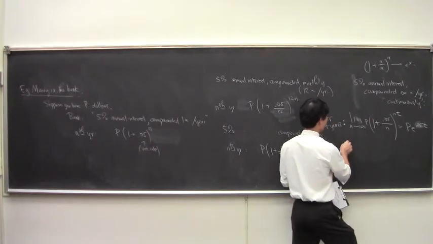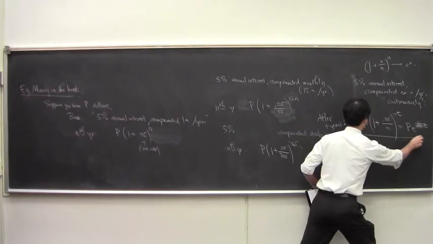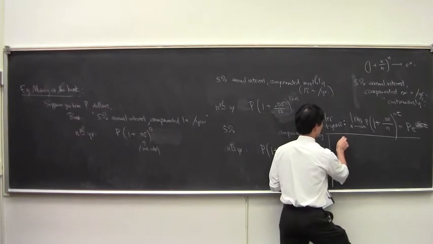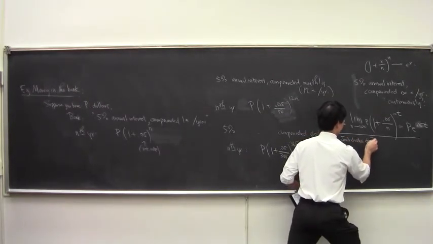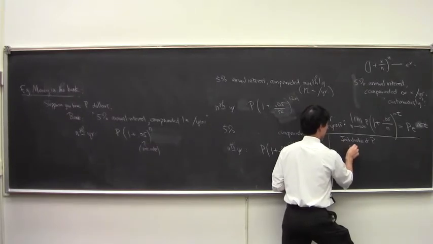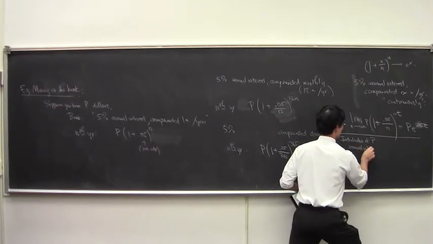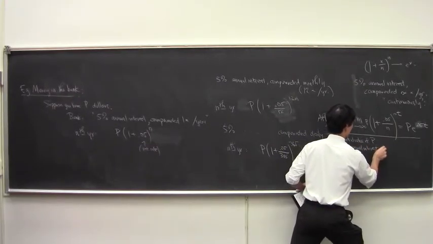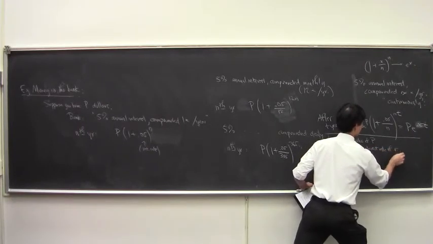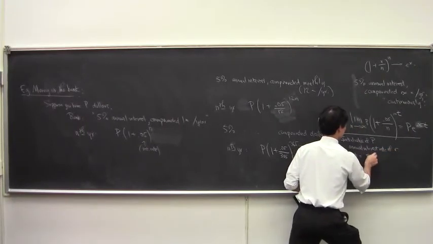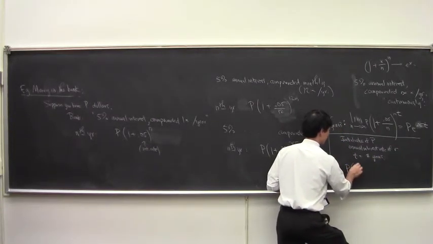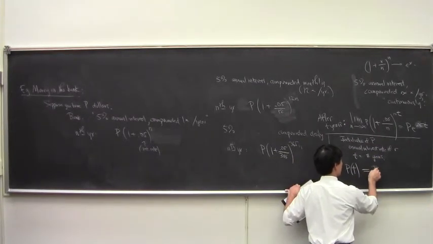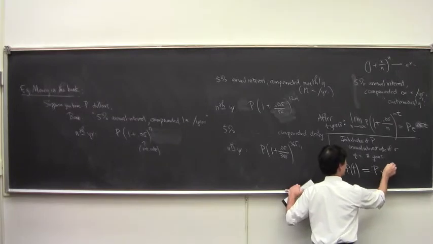In general, people write it like this. If you have an initial value of P and an annual interest rate of r, and t is the number of years, then the value at time t is your initial value times e to the rt.